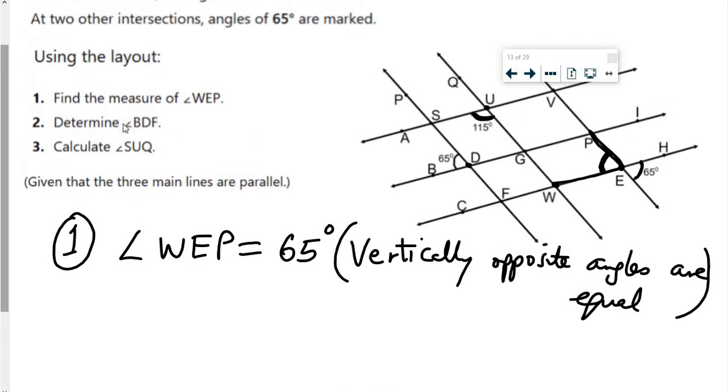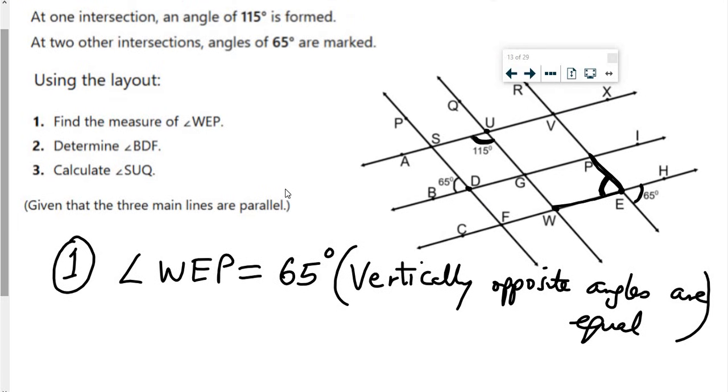Next question. Determining angle BDF. That is BDF. They mean this angle here. We will use linear pair property. BDF plus 65, answer will be 180 degrees.